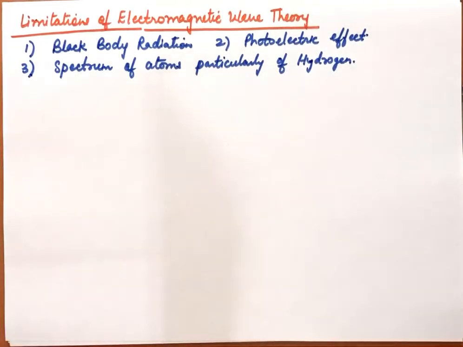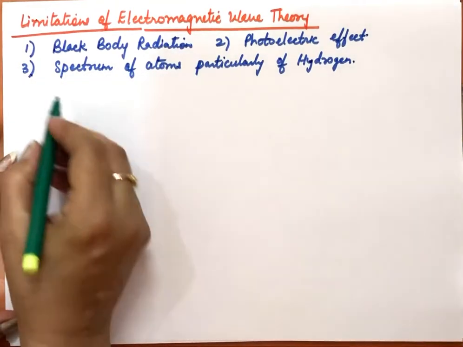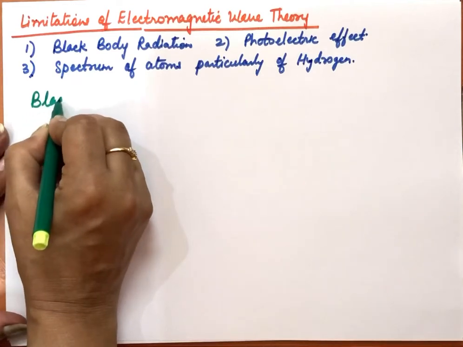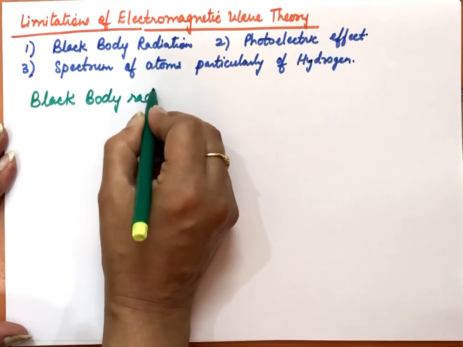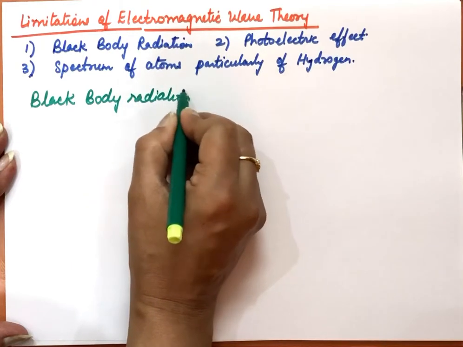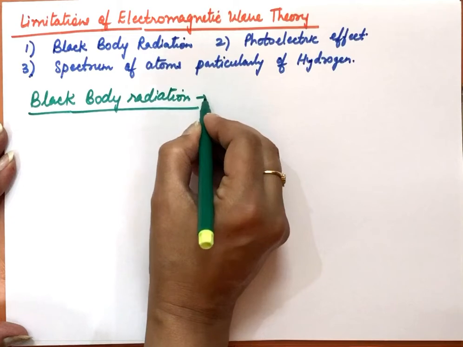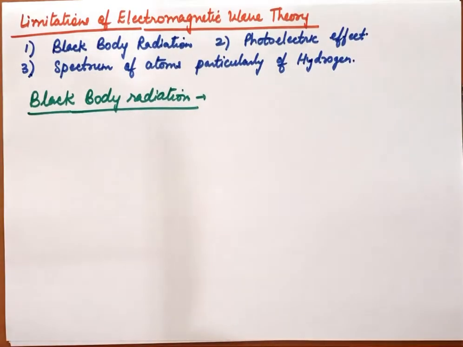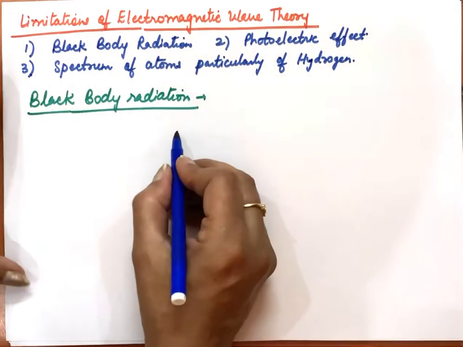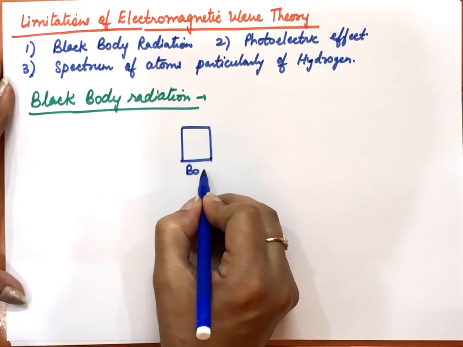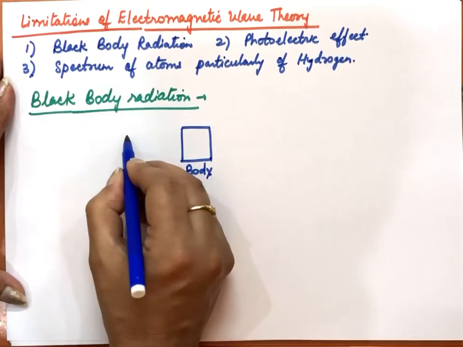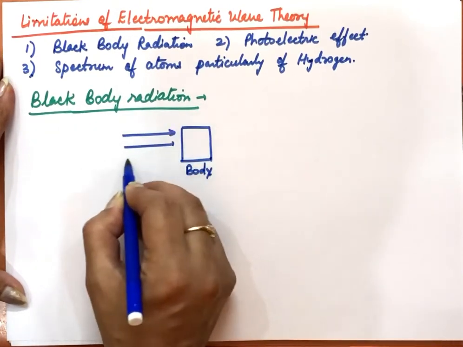Now what is, first of all, black body radiation, and what was not explained by electromagnetic wave theory about black body radiation? So our next topic now is black body radiation. To understand black body radiation, first of all, I'm taking an object like this, some object, a body like a matter, and white light is falling on this.